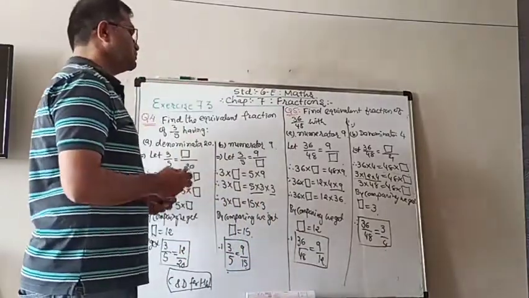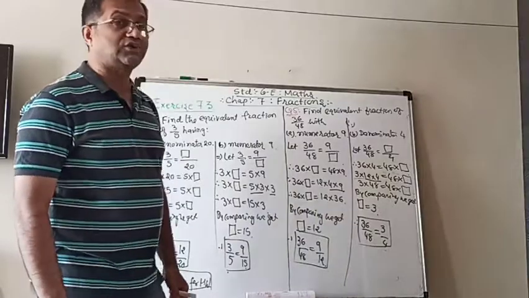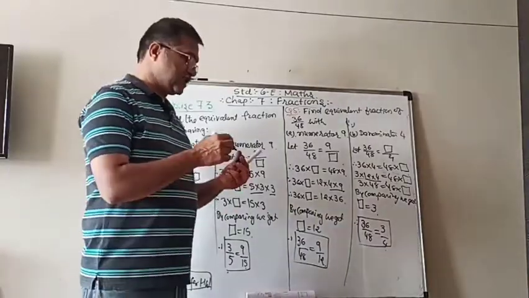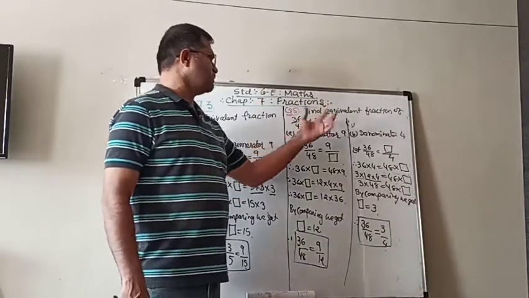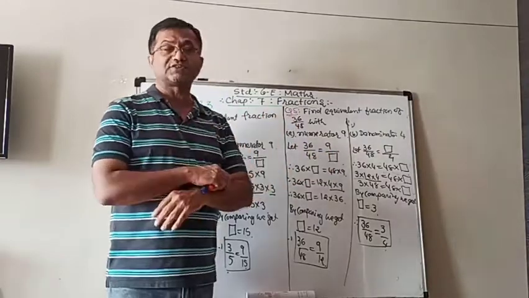So we have to make one factor the same on both sides so that we can get the desired answer. Whatever condition is given, according to that, at the missing place we can take a box.